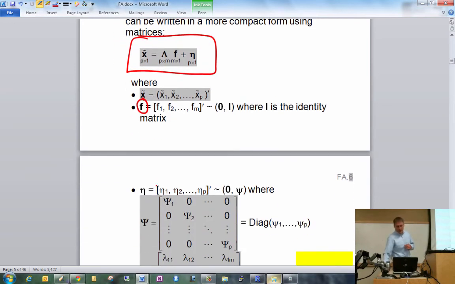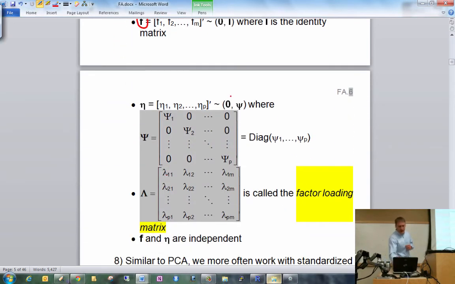Also, eta is distributed with mean 0 and covariance matrix, let's call it psi, where psi is a diagonal matrix with psi 1, psi 2, down to psi p on the diagonal. Remember, all the etas are independent of one another. That's why you have zeros on the off diagonal.